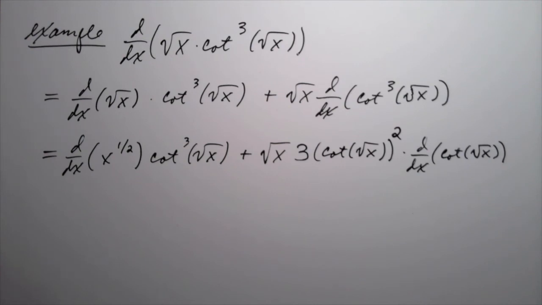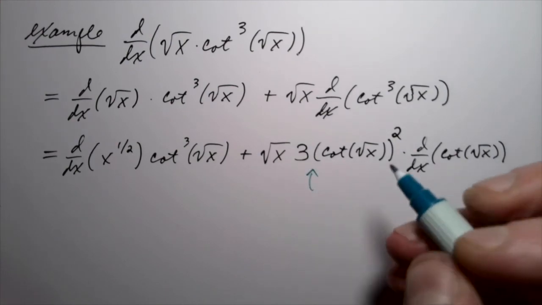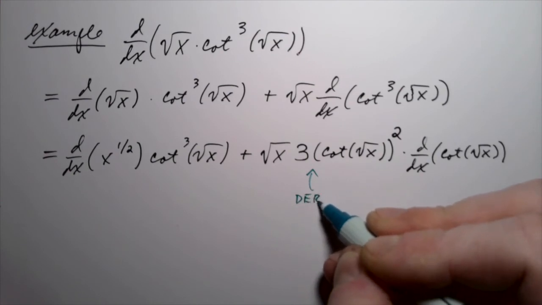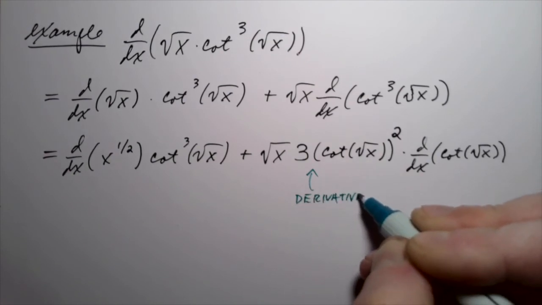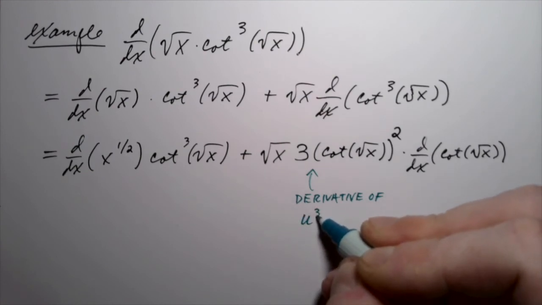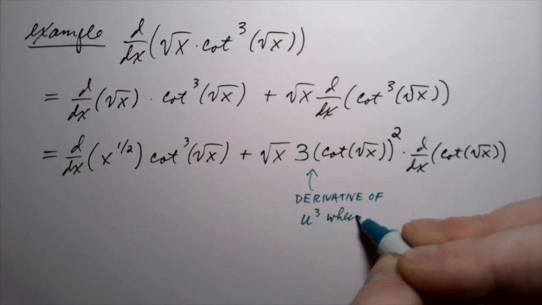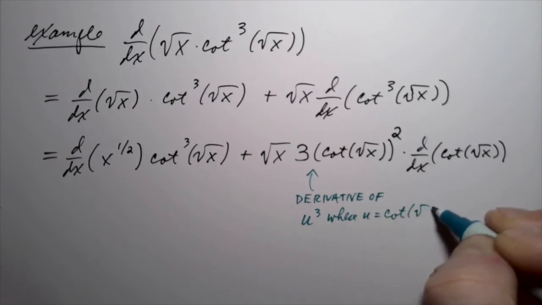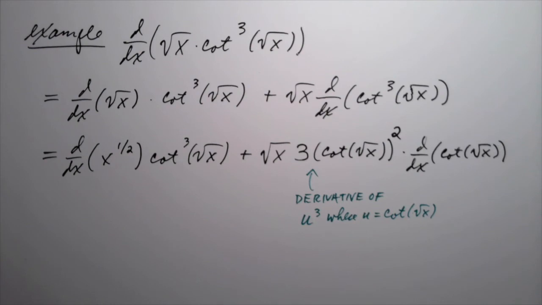So just to recap here, what's this piece? This is the derivative of u cubed, where u is that inner function, cotangent of square root of x.